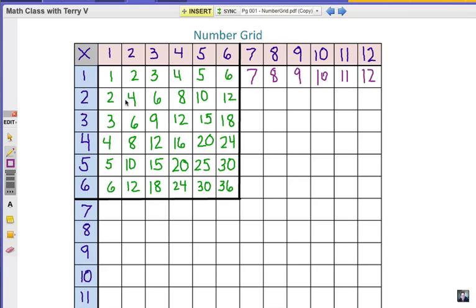So see what we have so far. That could be done by skip counting. And again, it's not too hard, but you know the next number will be 7 times 2, 8 times 2, 9 times 2, 10 times 2, 11 times 2, and 12 times 2.